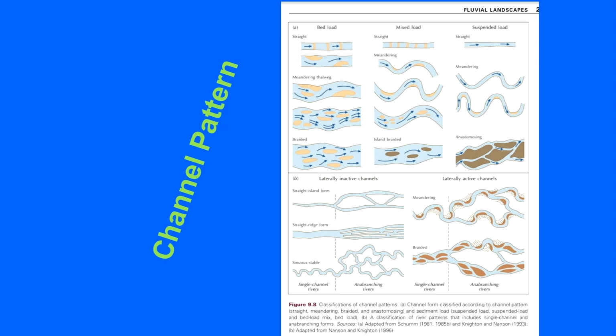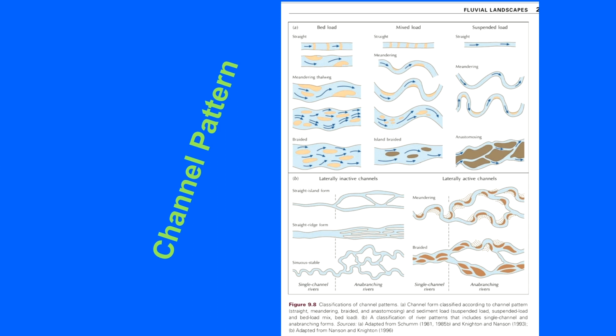So, as we have learned about the channel pattern, based on the channel pattern you can also talk about the bed load. Okay. What type of bed load you will expect if you have straight channels, meandering channels, and so on.